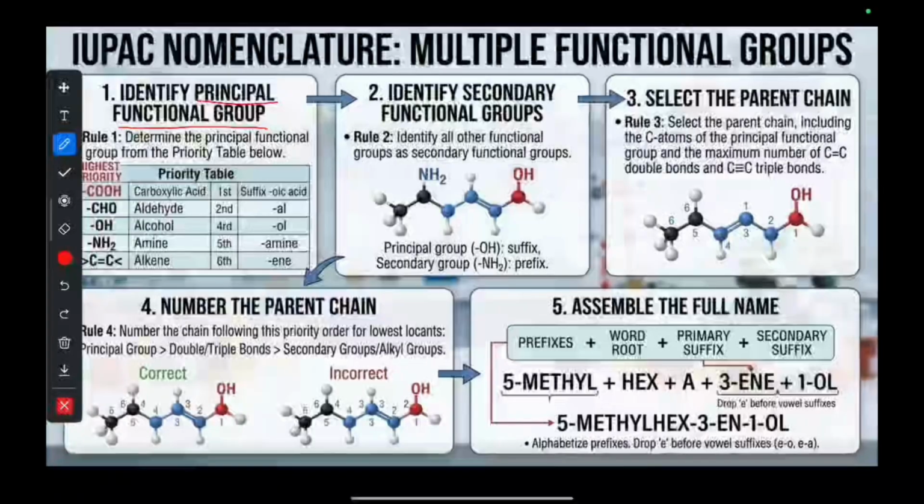Next step will be to identify the secondary functional group. That means the functional group that lies below in the priority list. The functional group lying above will be called the principal functional group, and the functional group that lies below will be called the secondary functional group.